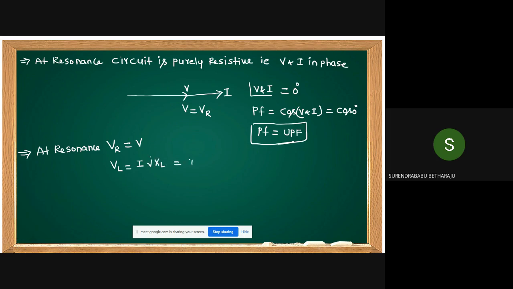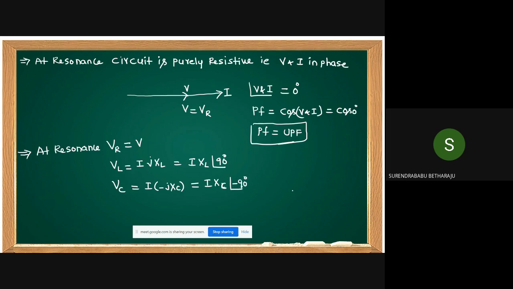Then how to write, students? I into XL at an angle of which one? 90 degrees. Then what is VC? VC equal to I into minus JXC. You can also write this as I into XC at an angle of minus 90 degrees.